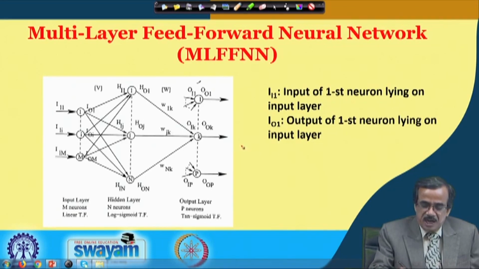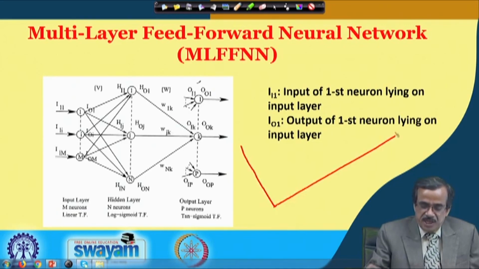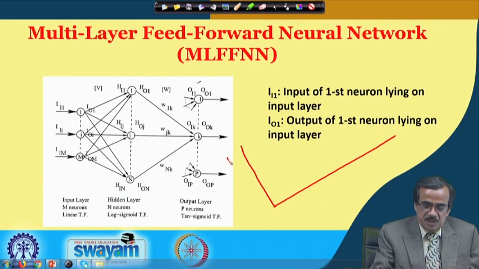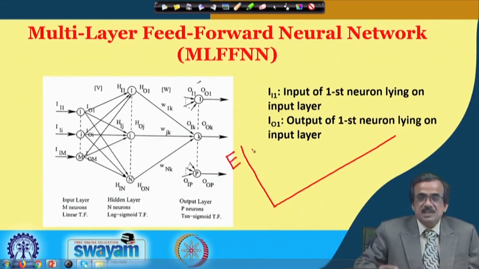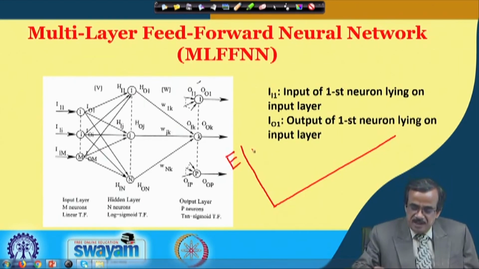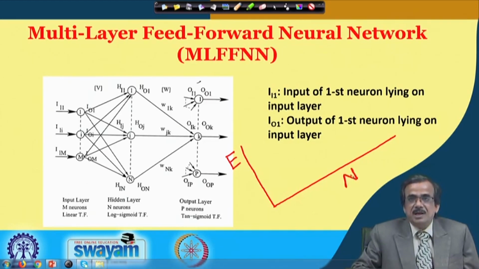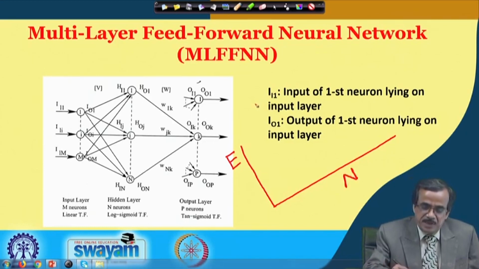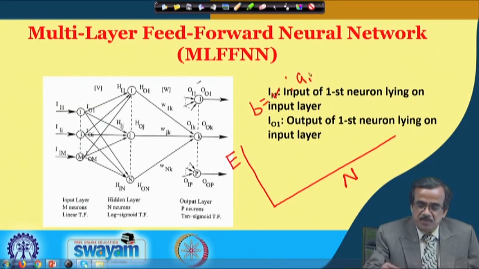So, what I can do is plot the error of this network, that is, error in prediction, and here we have the number of neurons to be put in the hidden layer, and we keep some fixed value for b, and some fixed value for A 1 and A 2.